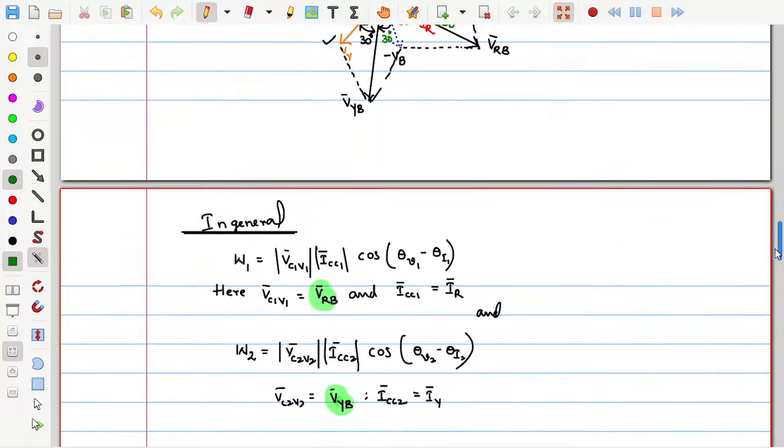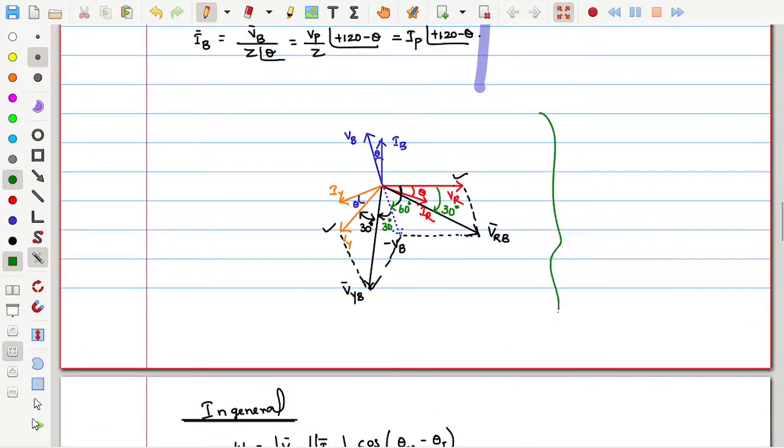How much is the angle between VRB and IR, and VYB and IY? So carefully from the phasor diagram observe the angles between VRB and IR, and VYB and IY.